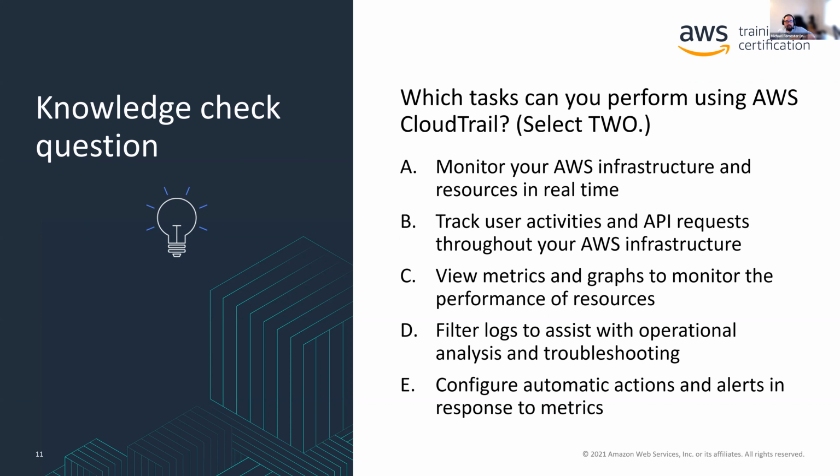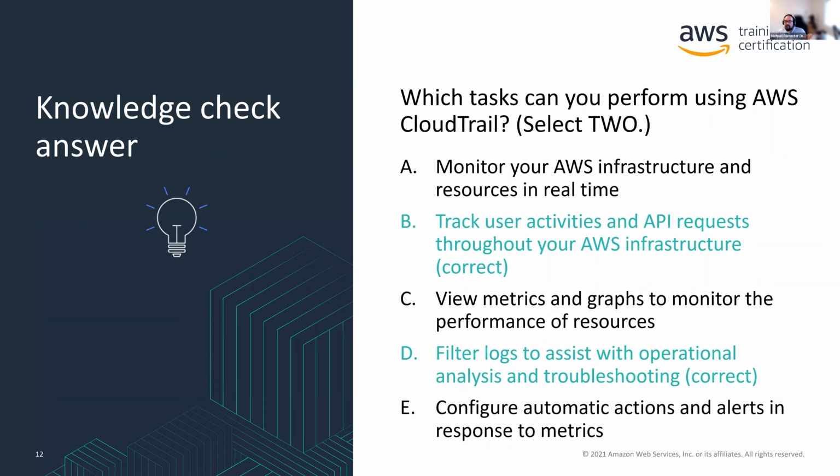So definitely B, John. So track user activity and API requests through your infrastructure. What's another one? This one's a little bit more vague, so I wouldn't be surprised if no one got this one. But the other one is that you can actually filter these logs to assist with operational analysis and troubleshooting. Like who did what, how do we track this down? That's more of a security thing, but obviously it's related to operations. So B and D, right, are what you can use CloudTrail for.